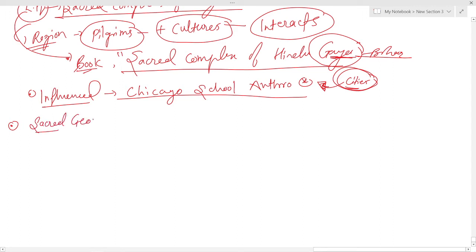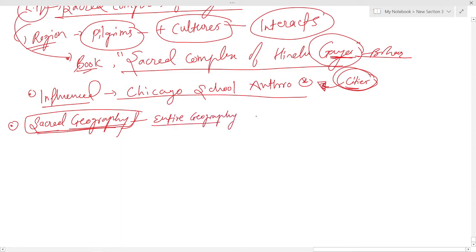Sacred geography basically means that the entire geography which has this sacred complex, we'll call it sacred geography.